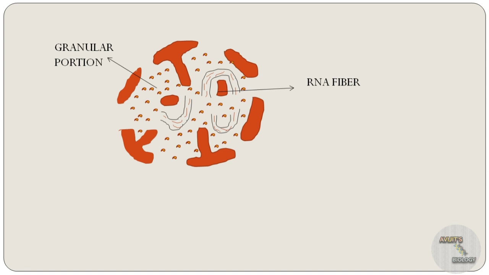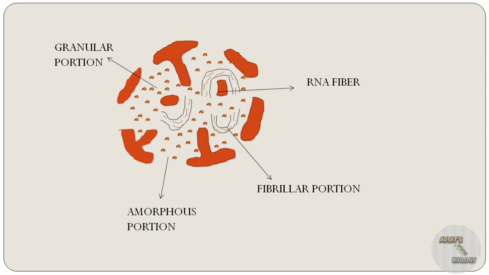These granules are made up of protein and RNA in 2:1 ratio, and these granules help in the production of ribosomes. This is the fibrillar portion, and this is also known as nucleolemma.